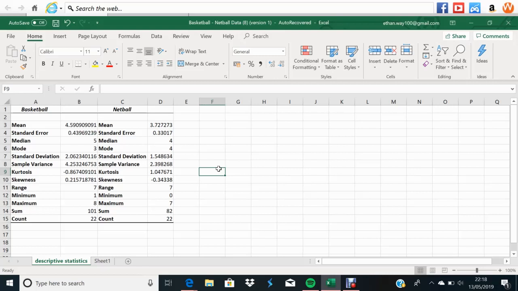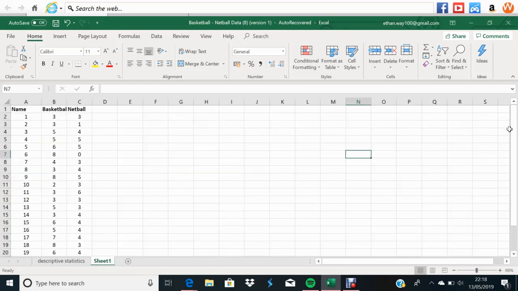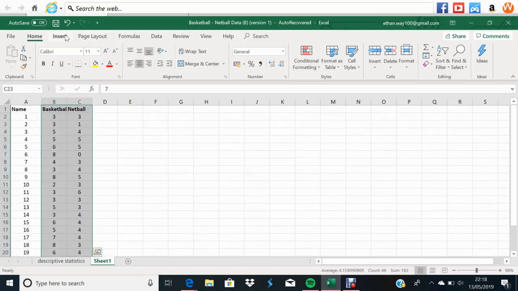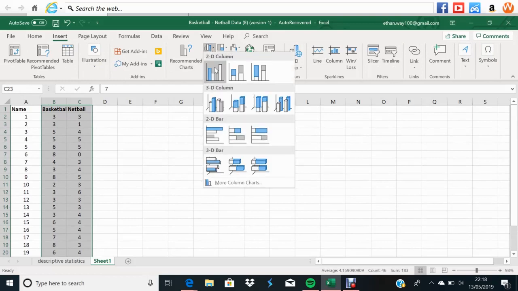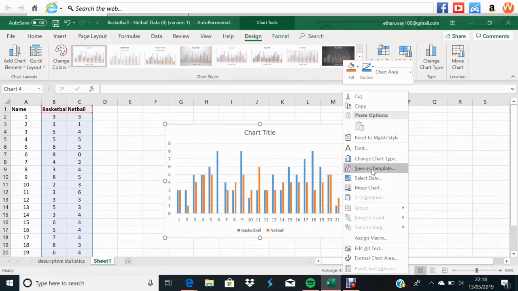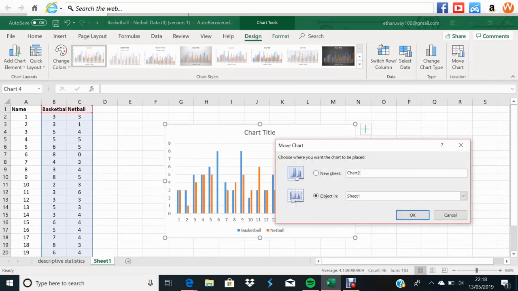So now we're going to make a bar chart for this. We're going back to our original page, and we're going to select our data, insert a bar chart. I'm going to move this to its own page. We'll call it bar chart.